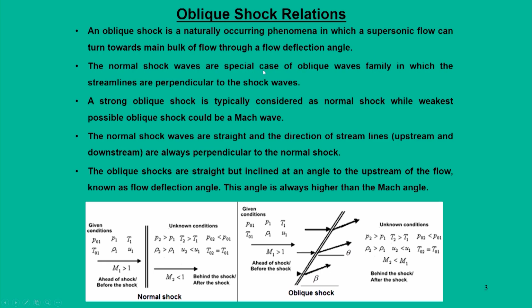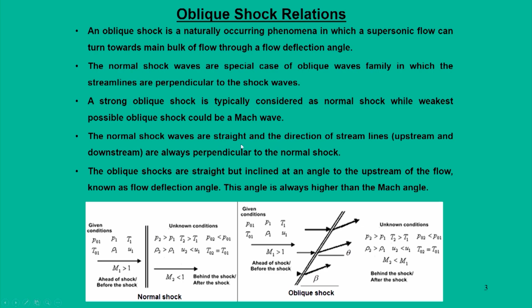Whereas, the normal shock is a special case of the oblique shock family in which streamlines are perpendicular to the shock waves. If this oblique shock is a vertical straight line, it becomes a normal shock, and we call this a standing normal shock. The streamline that passes through it is always perpendicular to this normal shock.